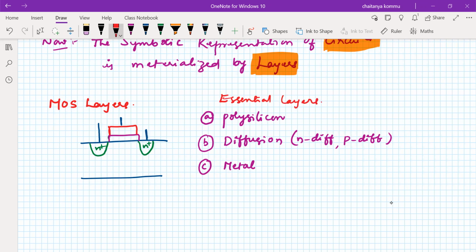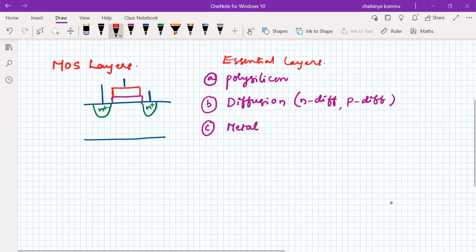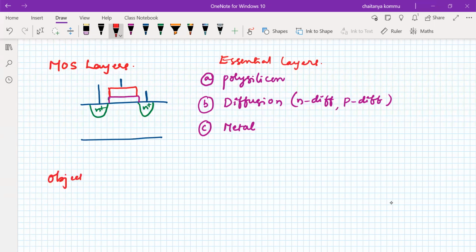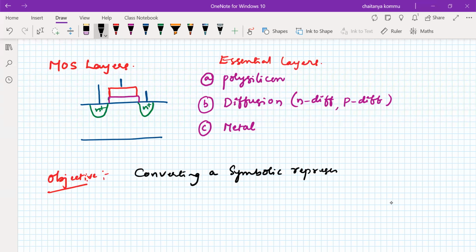We want to translate the symbolic representation of the circuit into a layered representation. So our objective is converting a symbolic representation of a circuit into a layered representation.